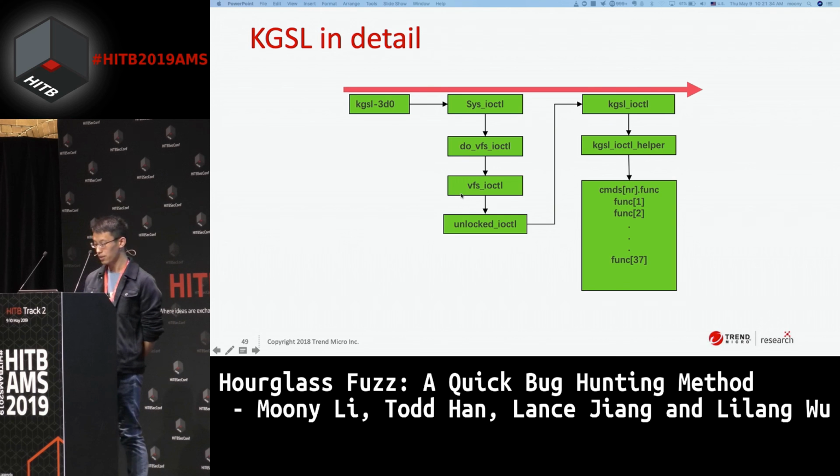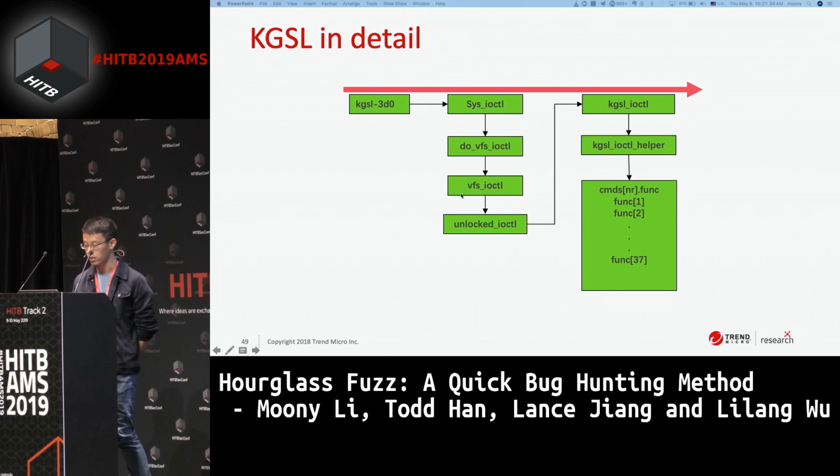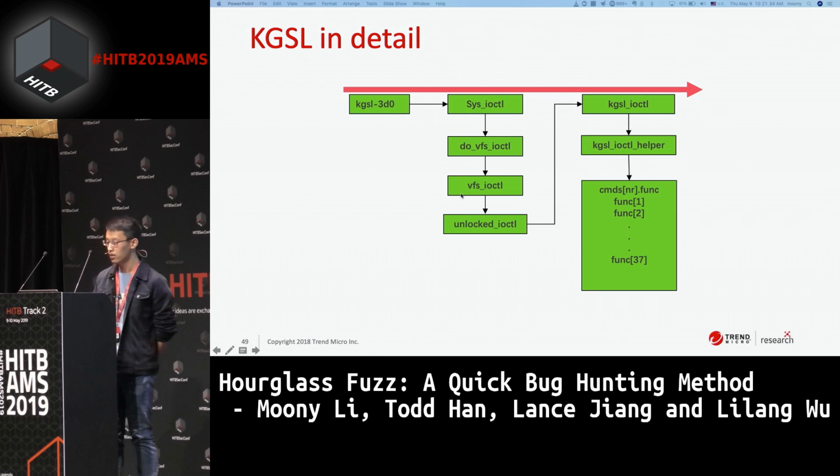After some simple parameter checking, it will enter do_vfs_ioctl. In this function, some distribution work will happen, but if there is no matching command code, it will enter the vfs_ioctl function.